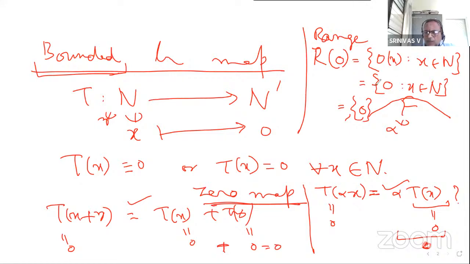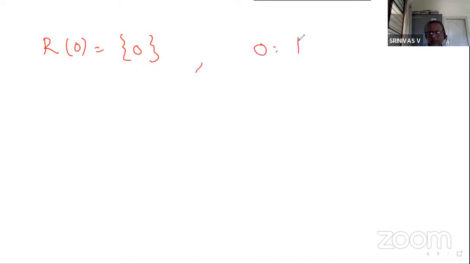And the zero map is defined from n to n dash over the same field.